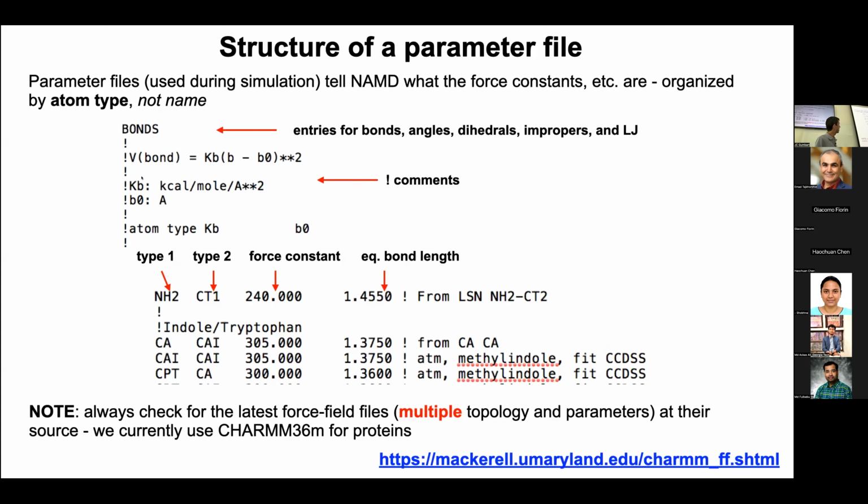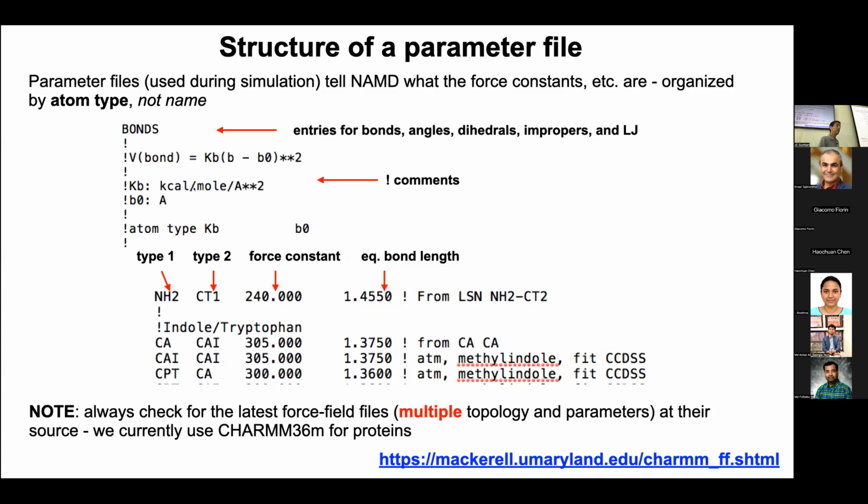Okay, again, comments, this tells us the units. So our force constant is in kcal per mole, that's an energy, per angstrom squared. That makes it a force constant. The equilibrium bond distance is measured in angstroms. This is an important distinction because if you decide you want to try something else, say GROMACS, in theirs they often use nanometers for their bonds.